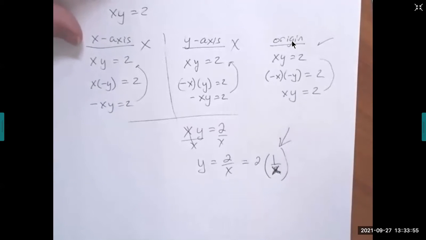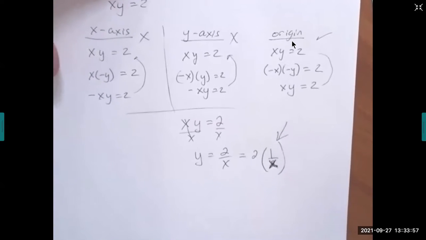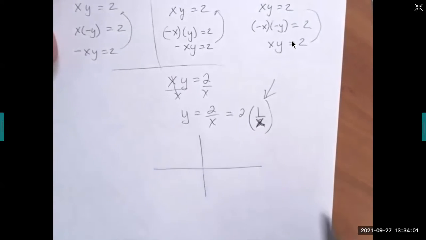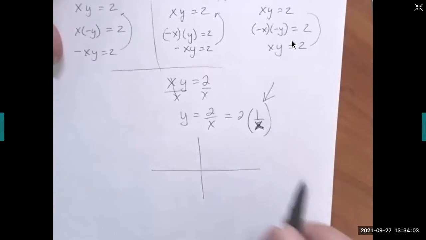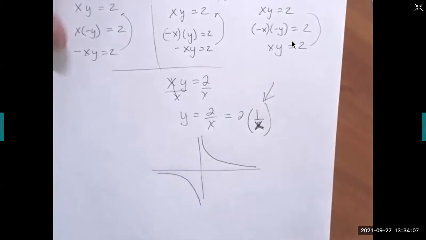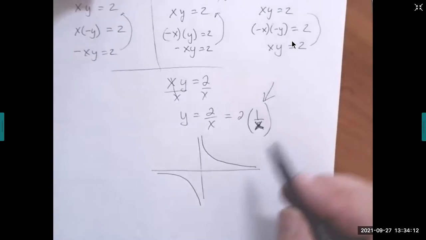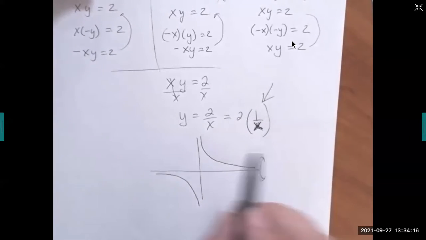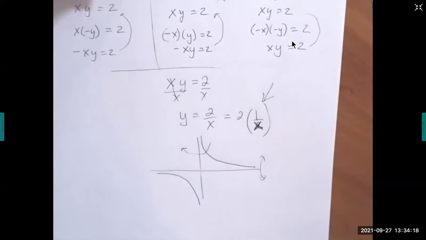One over x, what does that graph look like? Looks like that. Is this symmetric about the x-axis? No. Is it symmetric about the y-axis?